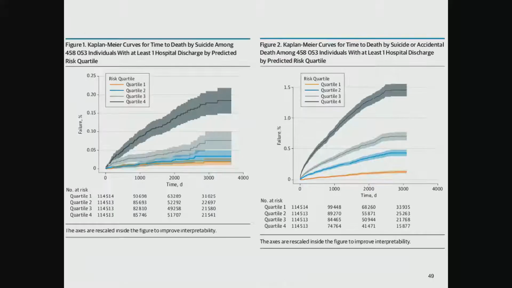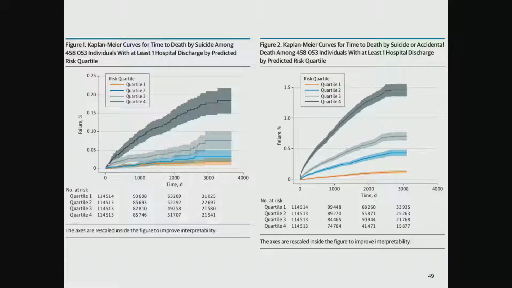among these patients. And what they found is that if you plot the Kaplan-Meier curve for different quartiles of risk for these patients, you see that there's a pretty big difference between the different quartiles.